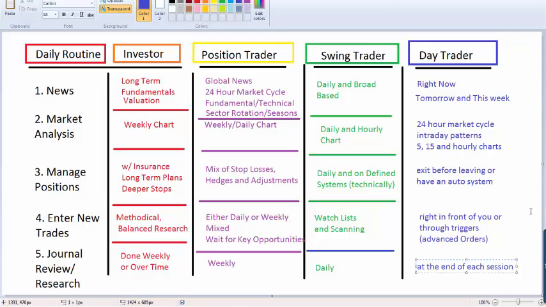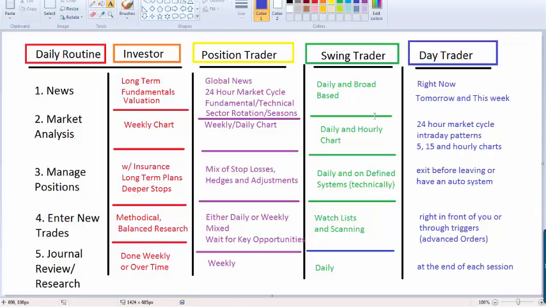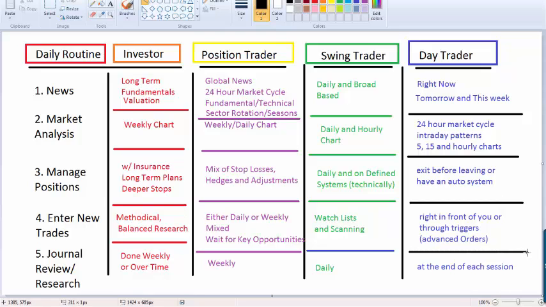Okay. Now let's take each one of these areas and really think about it. If you're going to be a day trader, what skill sets do you need to have? If you're going to be a position trader, what skill sets do you need to have? If you're going to be a good swing trader, well, let's bring up a new slide.